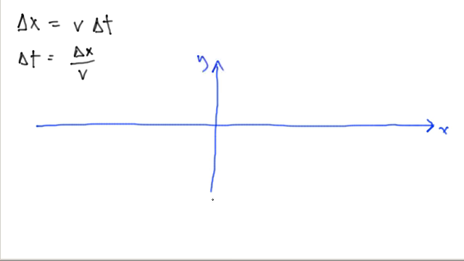I guess the person is somewhere at a non-zero value of y, so I'll put the person down here. This is where the receiver is, at a distance we'll call d from the track.